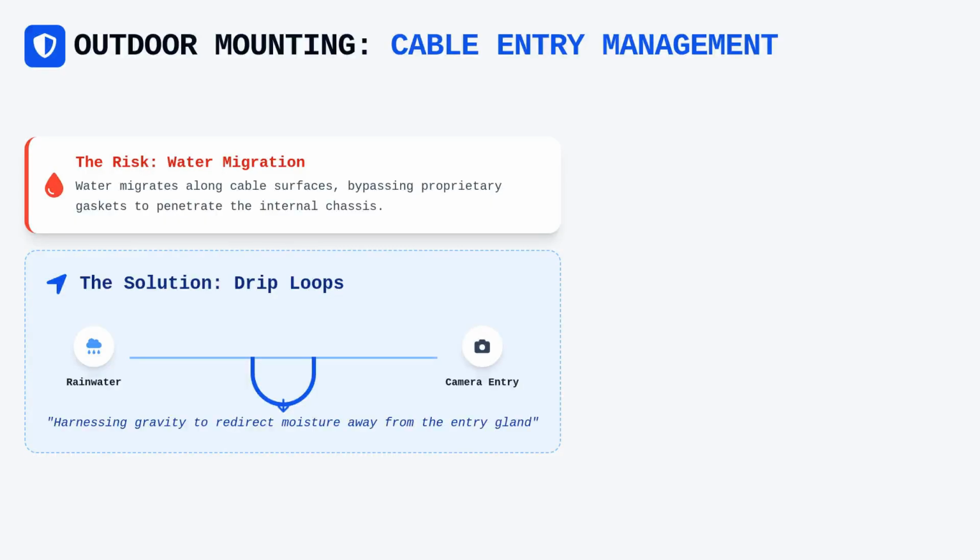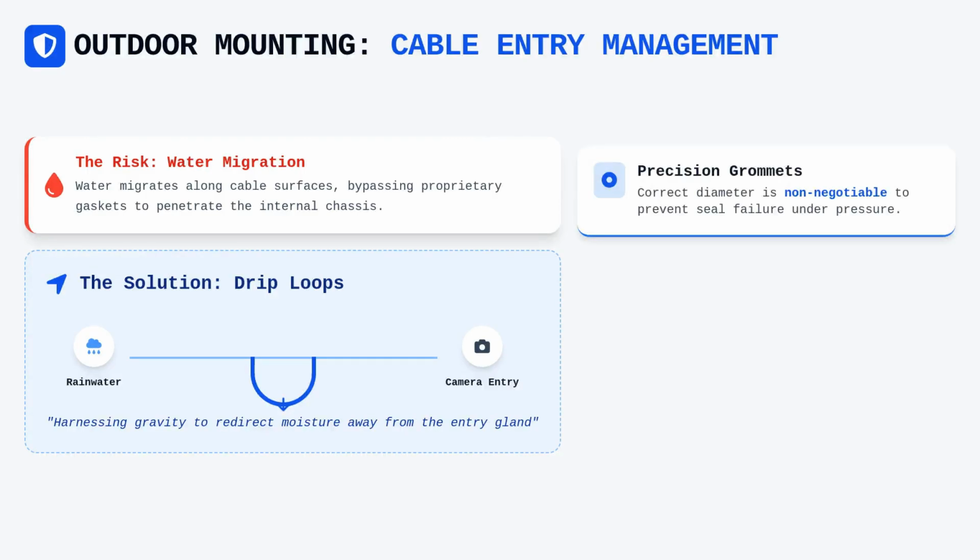A drip loop is created by forming a small, downward-facing curve in the cable path before it enters the housing, ensuring that any rainwater running down the jacket is pulled downward by gravity rather than being channeled directly into the mounting hole. Furthermore, the selection of the correct grommet for the specific diameter of your cabling is non-negotiable, as an undersized or oversized seal will inevitably fail under sustained ambient pressure.